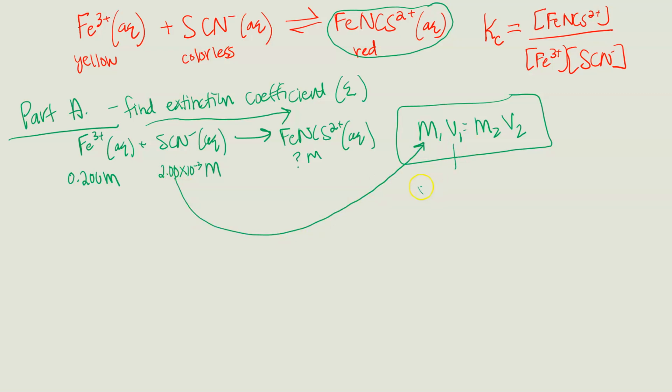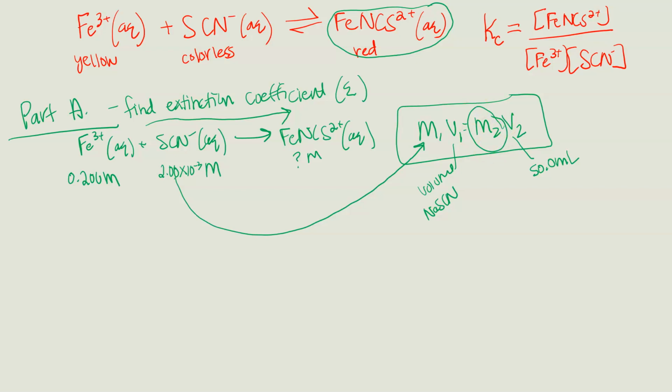You know the volume of the NaSCN, the amount that you're going to be adding using a pipette into the flask. And we're solving for M2, and we know that V2 is how much of the solution that we made, which is 50.0 milliliters. So for the SCN minus molarity, you're just using M1V1 equals M2V2 and solving for M2. It will be different for each of the solutions, so if you're getting the same number, you're doing it wrong.